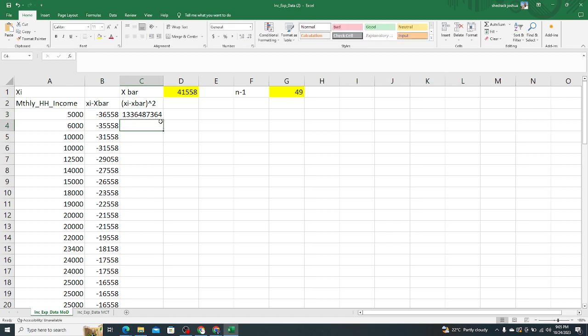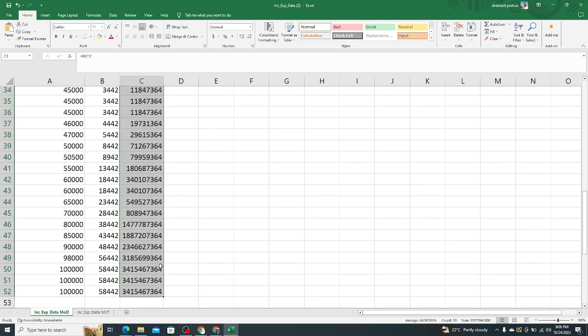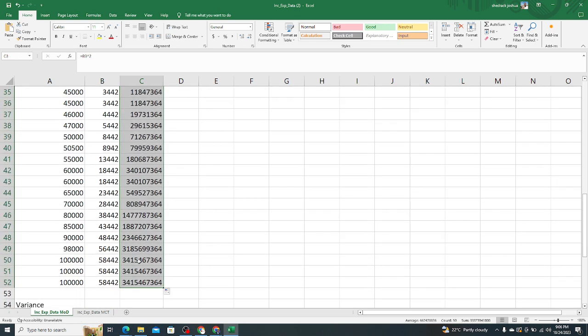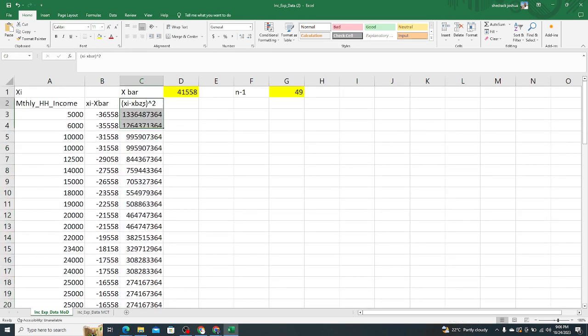Then after that you can drag the value downwards. So these are our xi's minus x bar raised to 2.